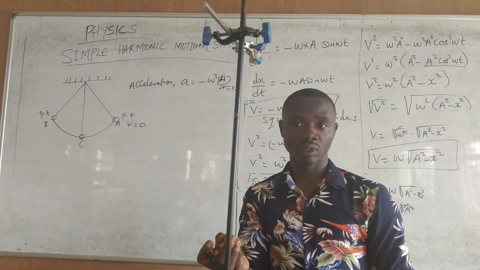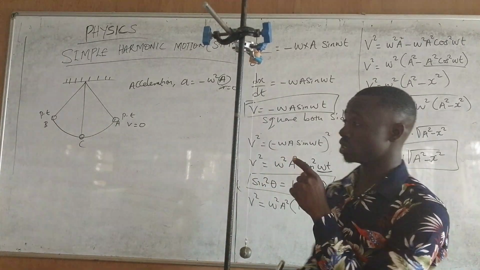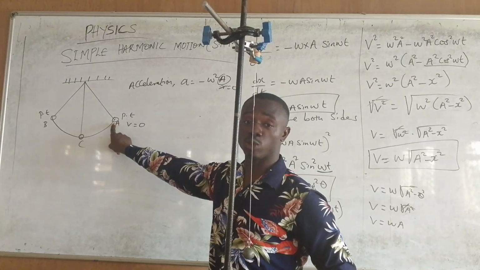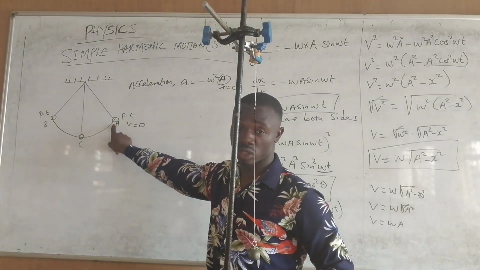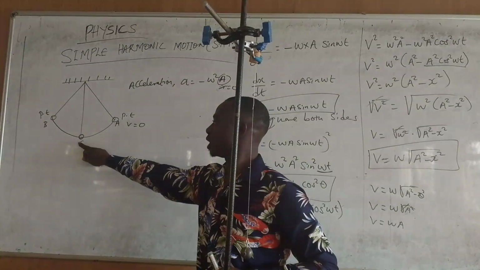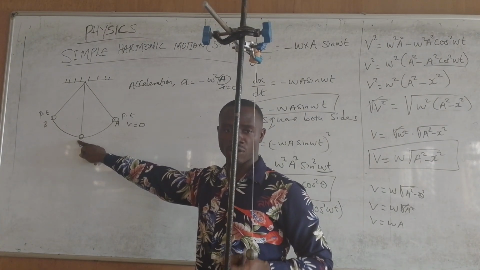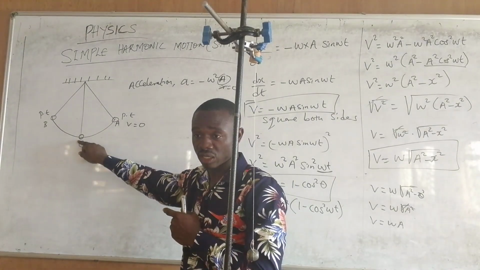Even if it's for you to cram this convention: at the maximum displacement, acceleration is maximum, while velocity is 0. At the center, acceleration is 0. It's the reverse. Velocity is maximum at the center.